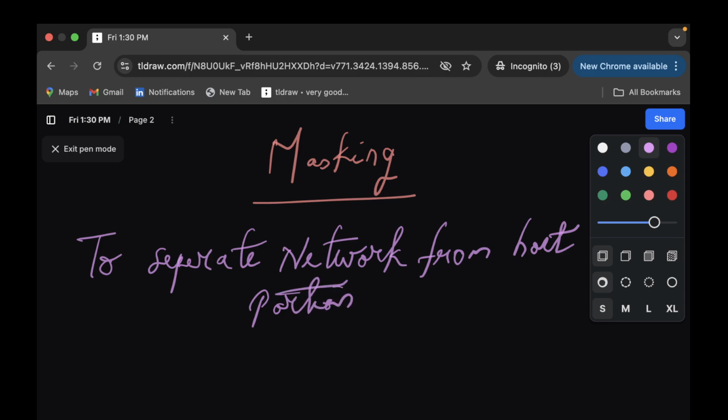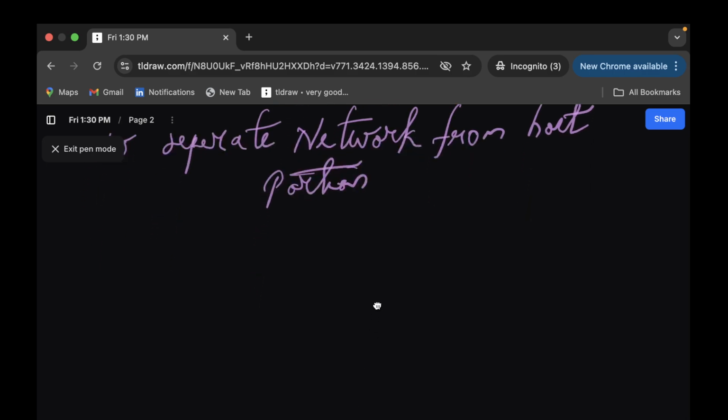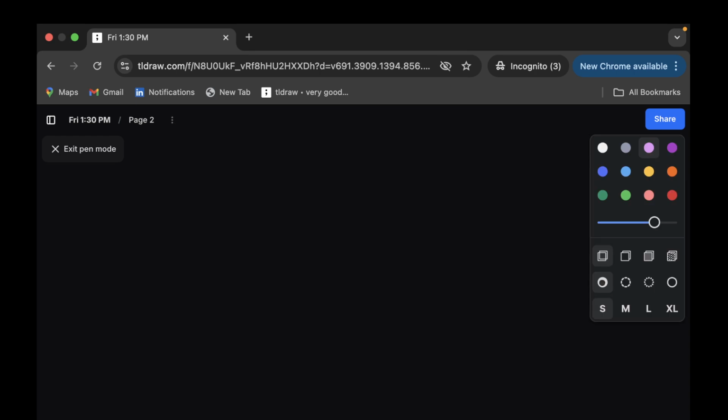We are going to separate these two things out, right? So it is a 32-bit number used to separate the network portion from the host portion of an IP address, right? Okay. So then, for example, I have an IP address.